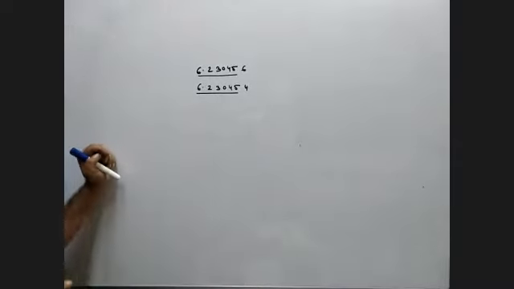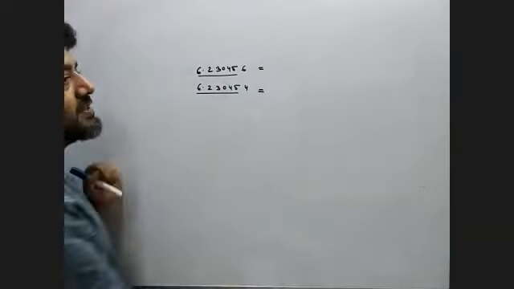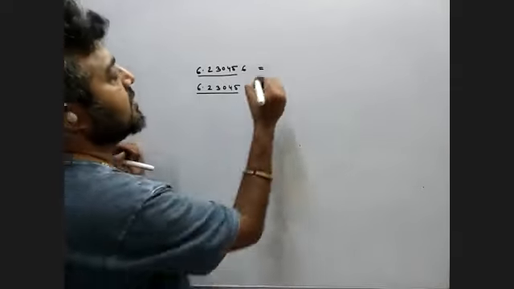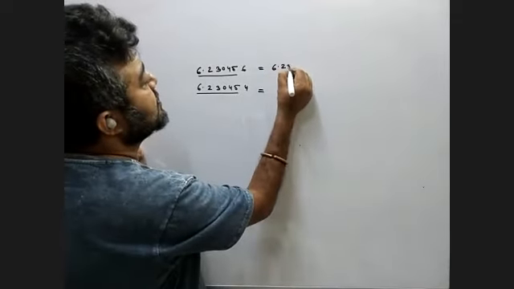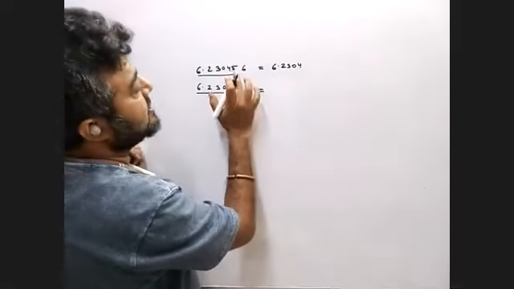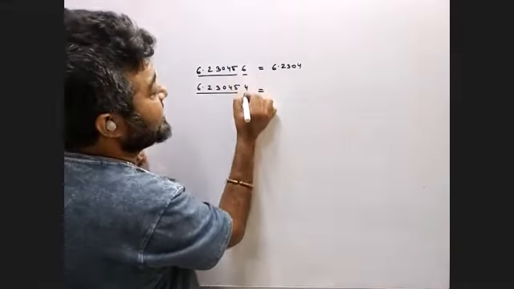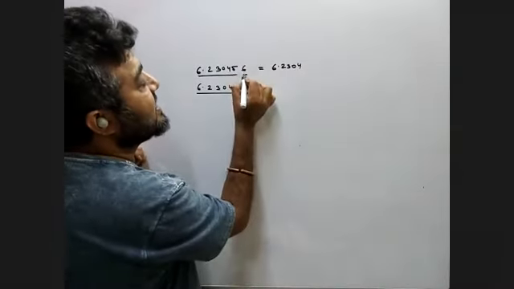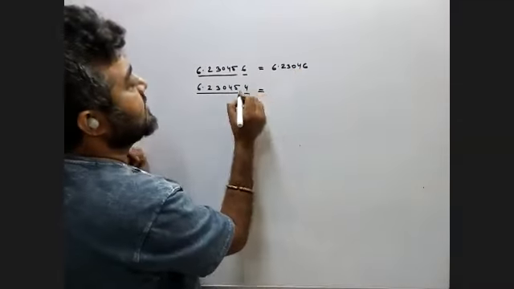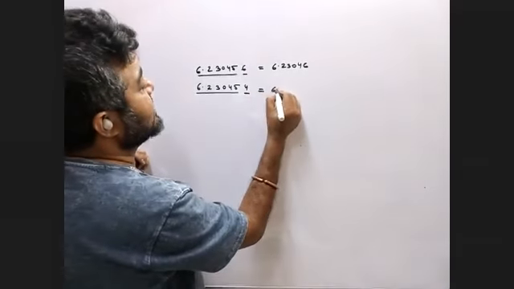So tell me, what is your answer in this one and in this one? 6.2304. Now, because I have to round off up to this, I'm just checking the next digit. If my next digit is greater than 5, I increase by 1. And if my next digit is less than 5, I keep it as it is.